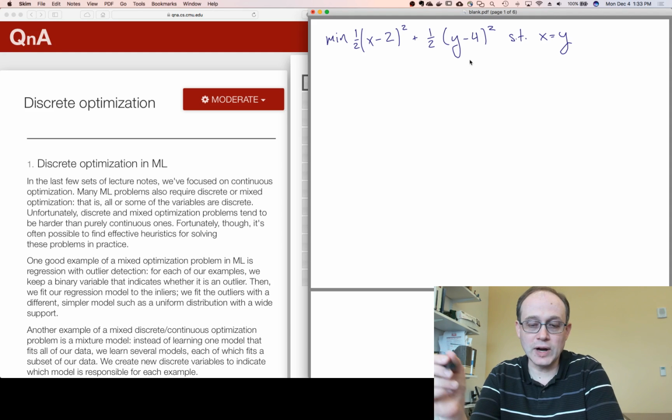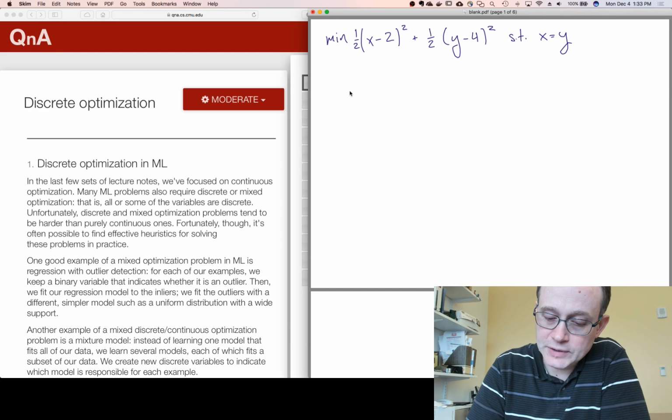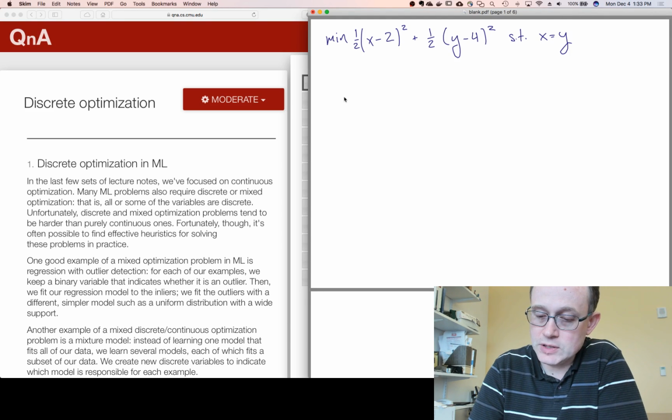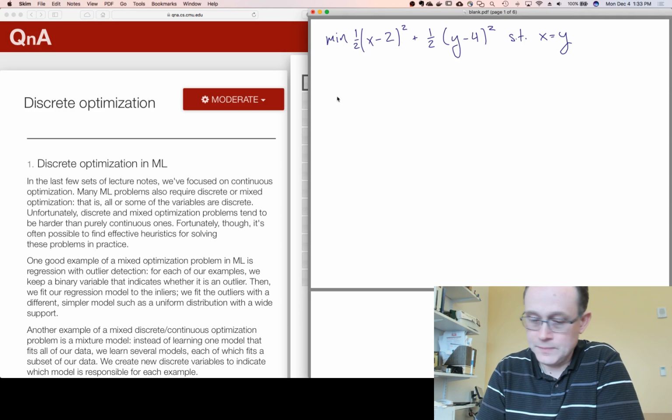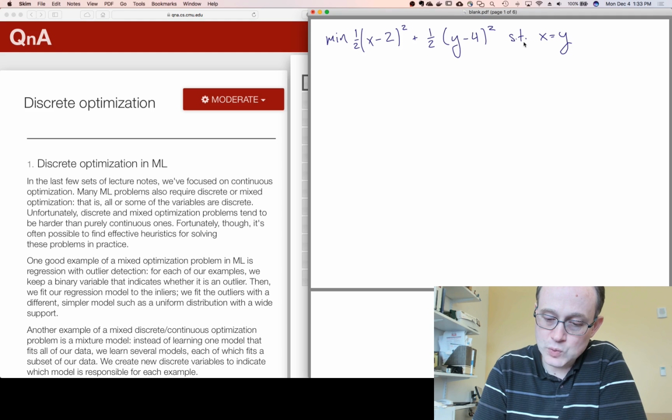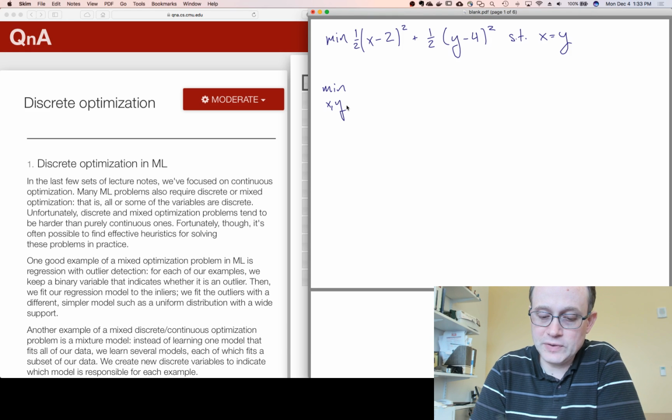All right, so let's go about solving it. The first thing we're going to do is add the Lagrange multiplier. There's one constraint, this one, and we'll add a Lagrange multiplier for it. So we'll rewrite: we're going to minimize, and we're specifying that we're minimizing over x and y, just to be clear, and our opposing player we'll call the Lagrange multiplier alpha.